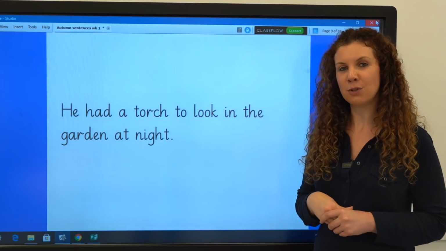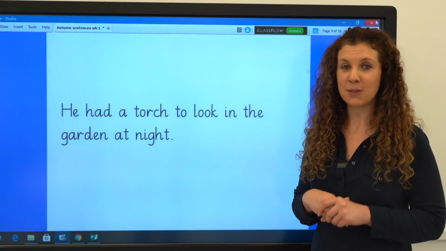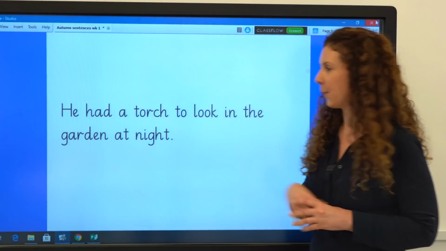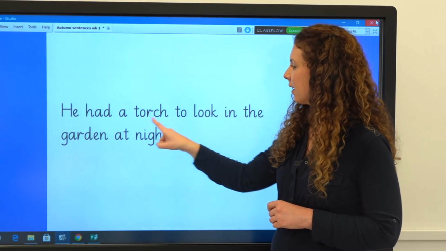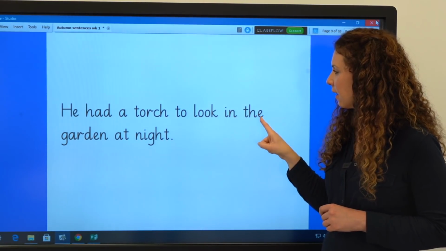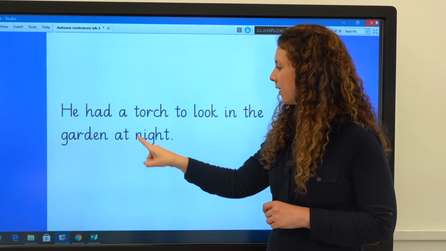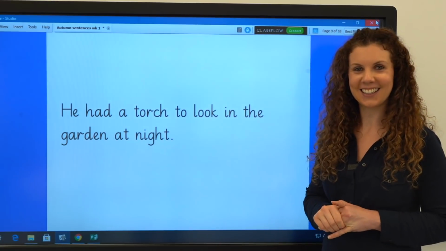Now I want you to read aloud as I point to the words. Remember to sound out any words that you aren't sure of. Here we go. Brilliant reading.